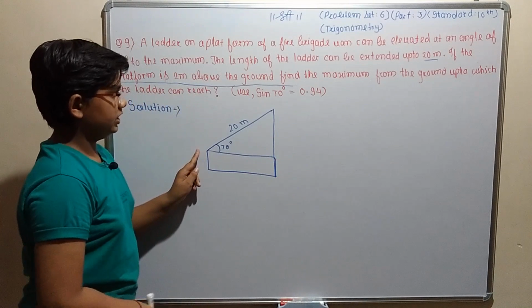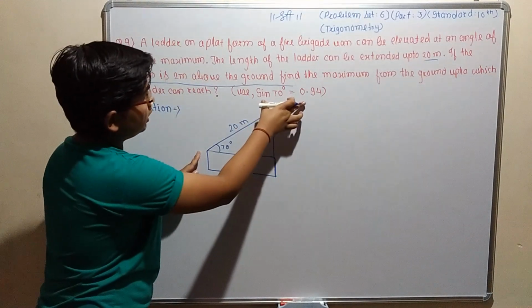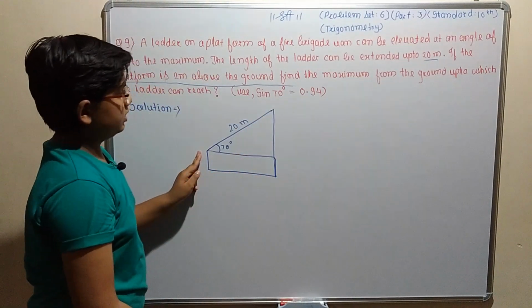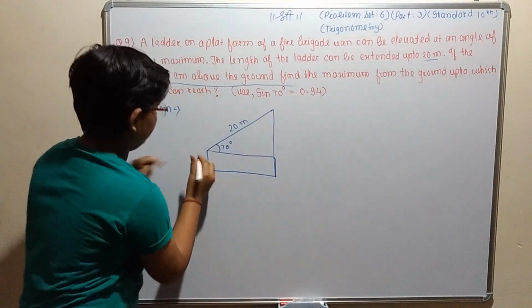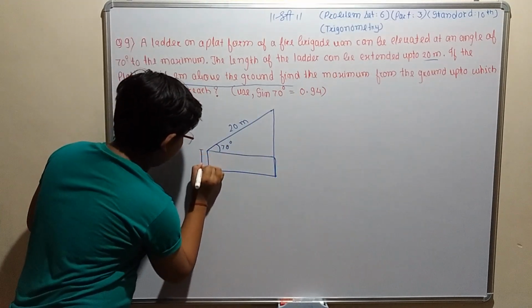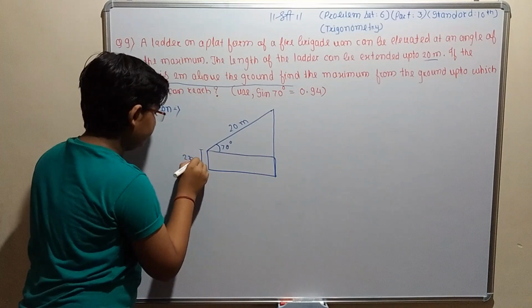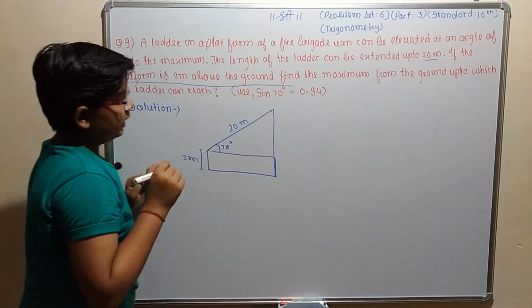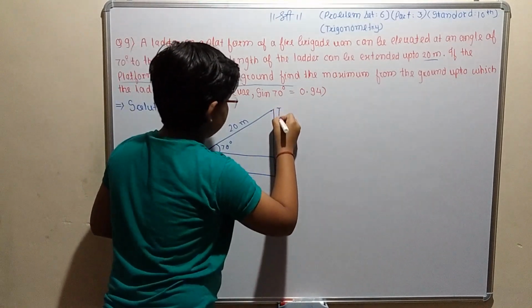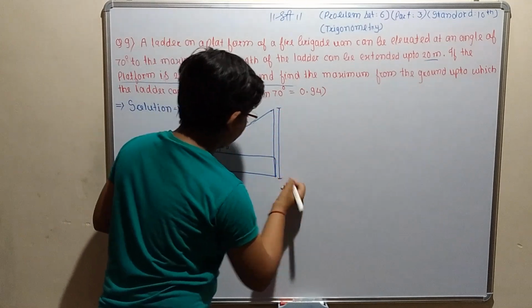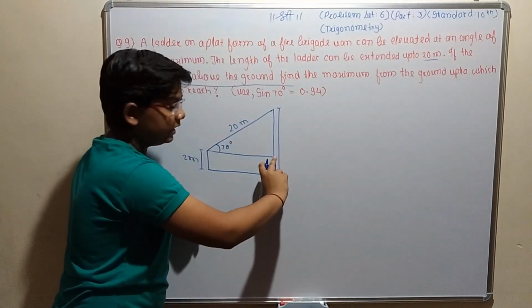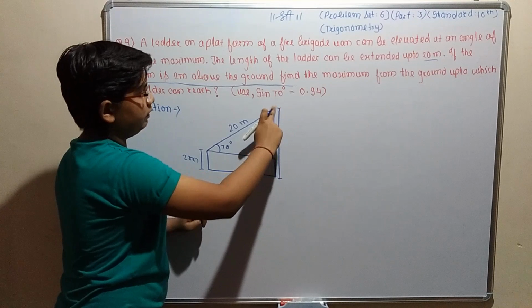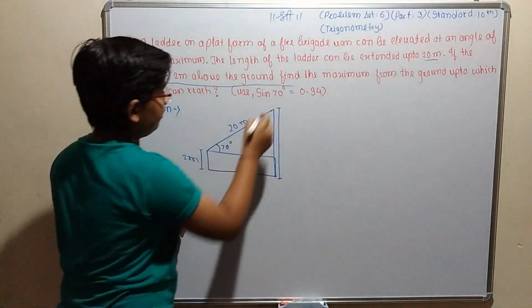This much information they have given, and also given that sine 70 degree equals 0.94, and the platform is 2 meter above the ground. So this platform will be 2 meter above the ground. Now we have to find this total distance, that is from the land till this point the ladder can reach. Now we will give it a name.